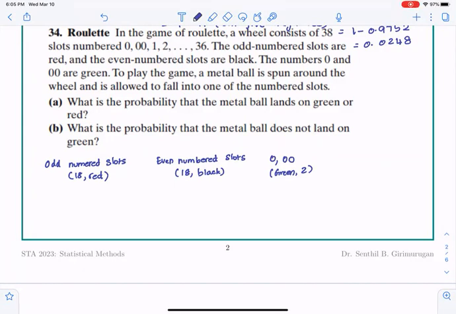So we want to find the probability that the metal ball lands on green and red.